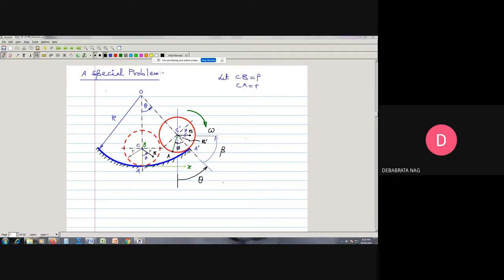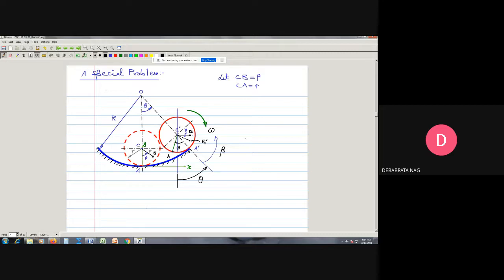So, dear students, today we have come here to discuss one more special problem in kinematics of rigid bodies. You remember that in our last class we had discussed the absolute motion analysis method of finding the velocity and acceleration of a rigid body or a system of rigid bodies.